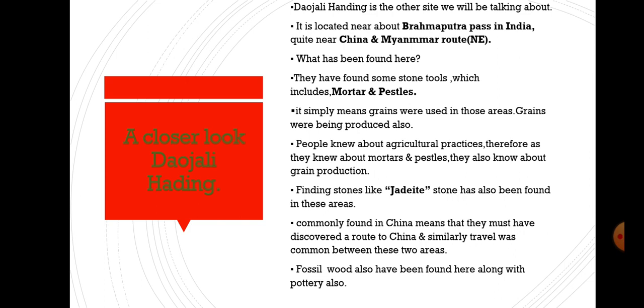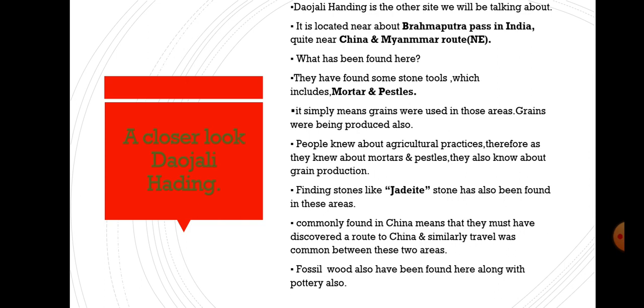Not only this, the Daojali Hading site is also famous for some stones, stones like jadeite. Jadeite is a type of stone that is found in those areas. What is jadeite? We will certainly know about that.